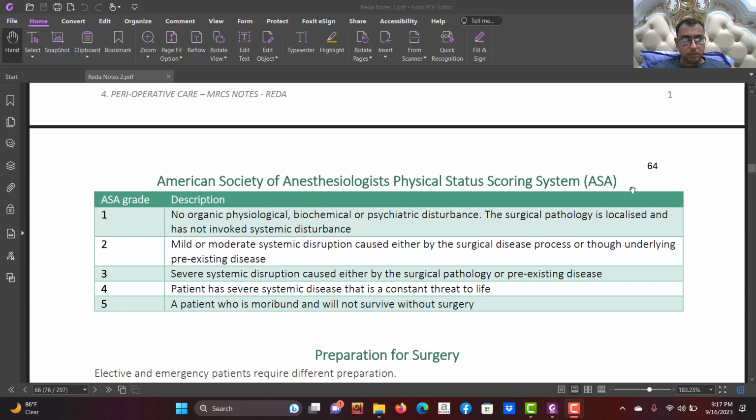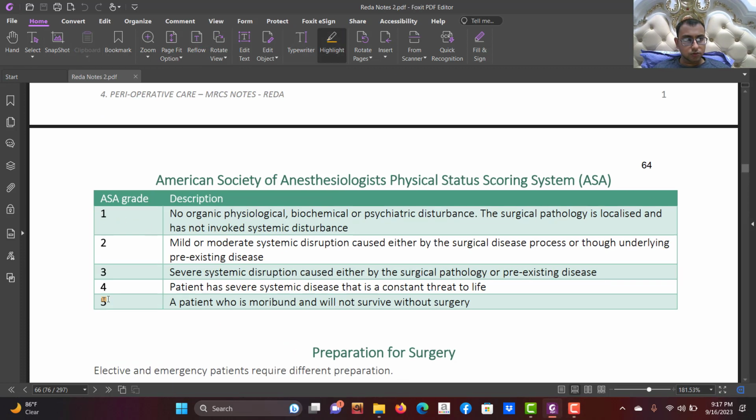First, this is the ASA grading system, grades 1, 2, 3, 4, 5. Grade 1 is a normal patient like us, where the surgical pathology is localized and there are no provoking factors or systemic disturbance.